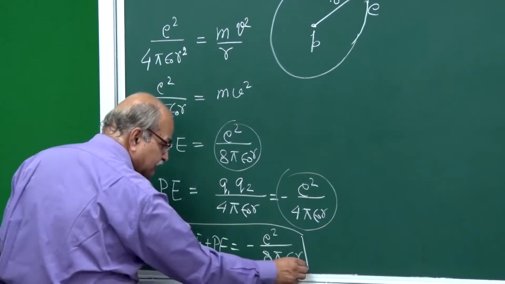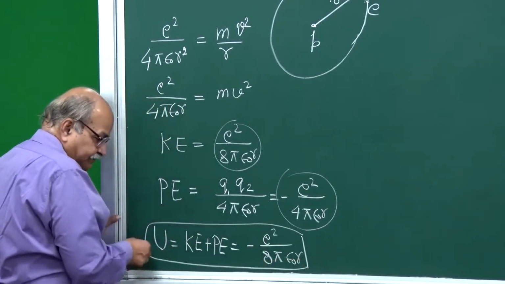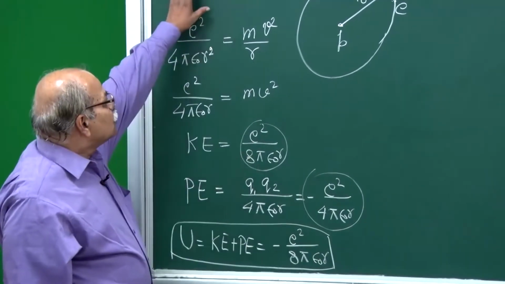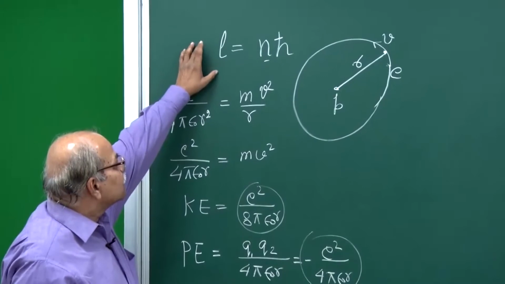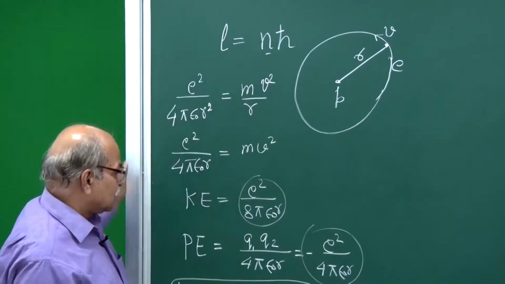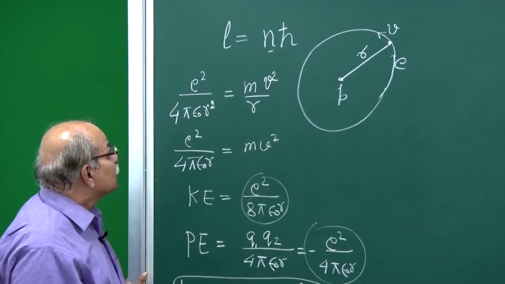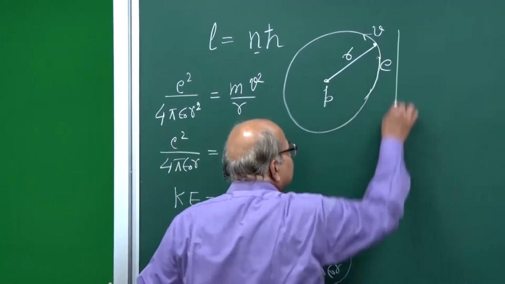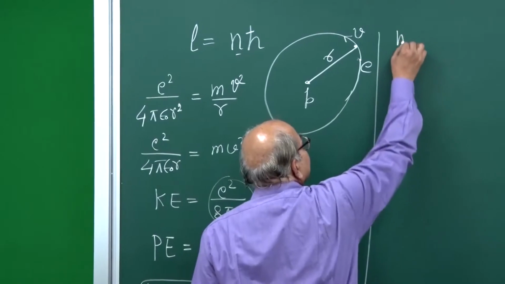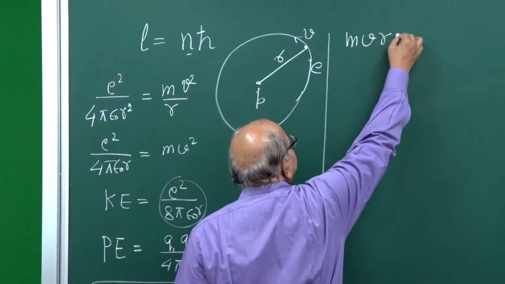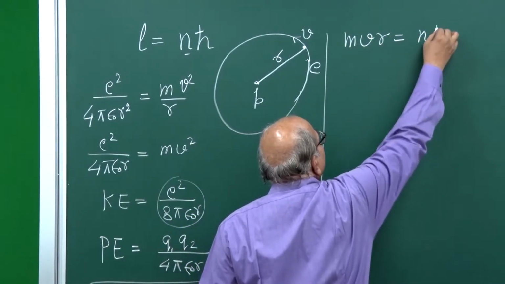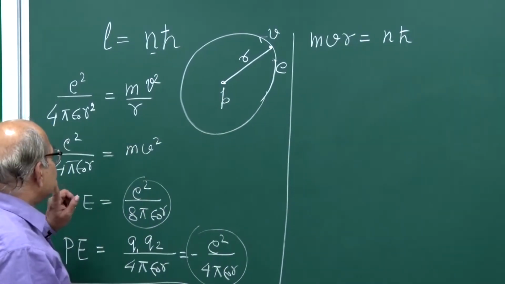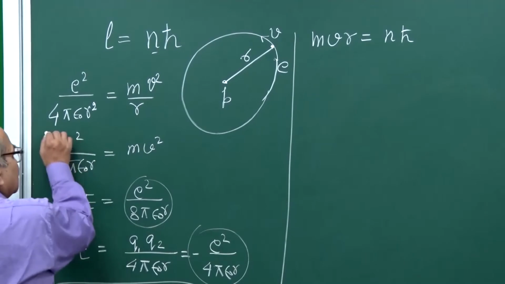In terms of r, we still do not know what this r is. To get this r, we should use the equation L is equal to n times h cross. So, the angular momentum m times v times r should be equal to n times h cross. So, eliminate v from these two equations.